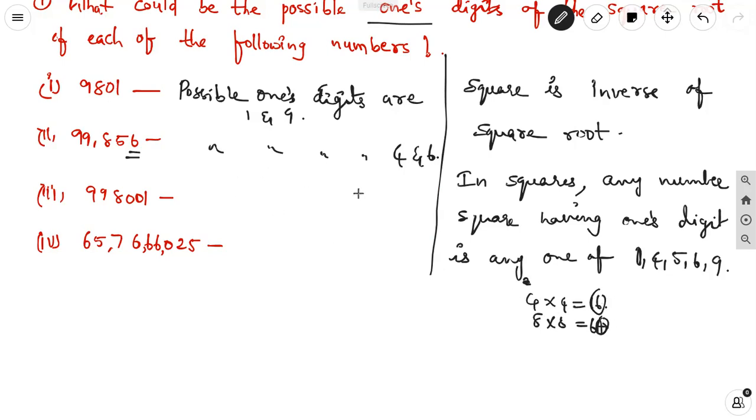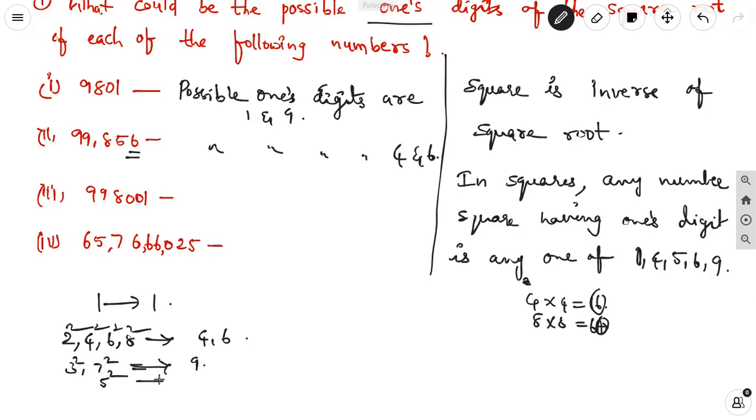1 squared is 1 only. For 3 squared or 7 squared we get 9 in the ones place. For 2, 4, 6, 8, the squares have ones digits of either 4 or 6. 3 squared and 7 squared have ones digit 9 only.